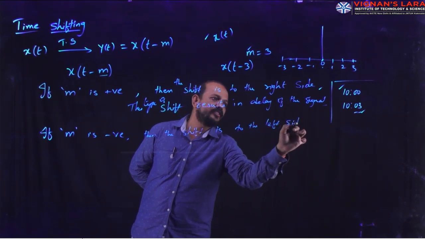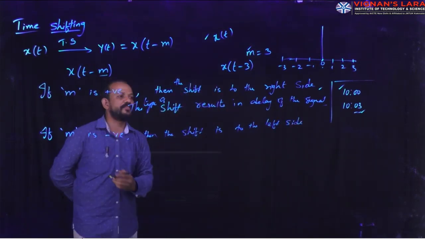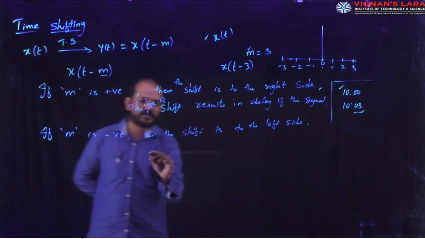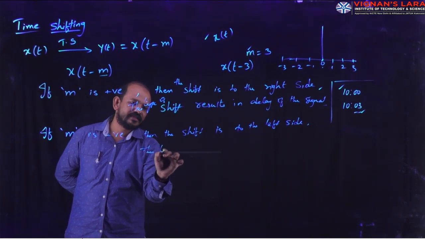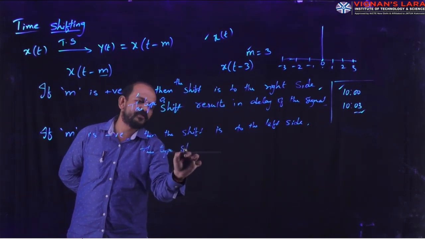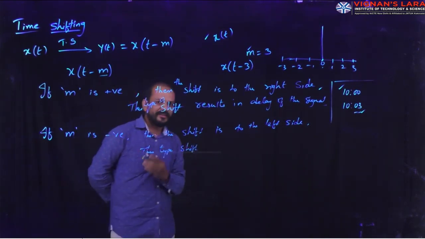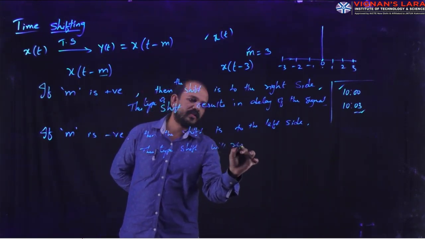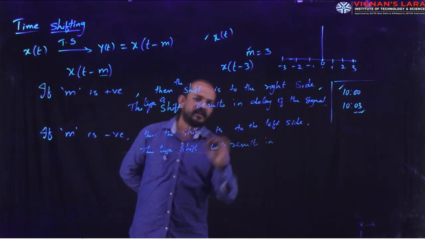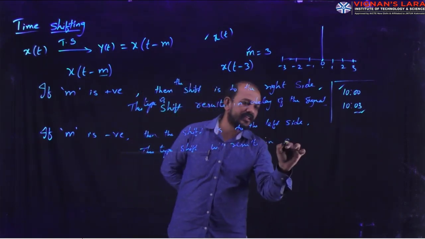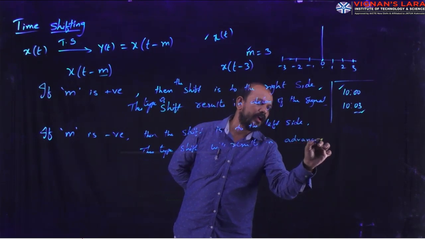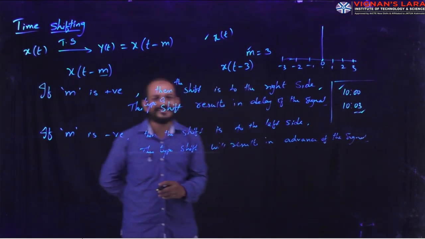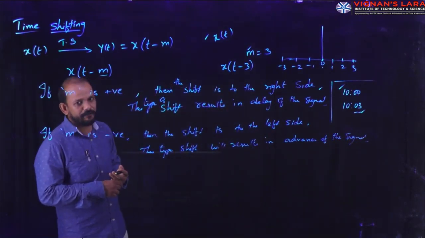Then the shift is to the left side, and this type of shift, a left side shift or negative shift, results in advance of the signal. That is, the signal is advanced, so it has started earlier.